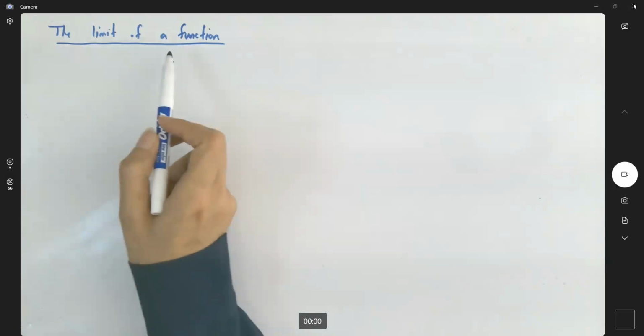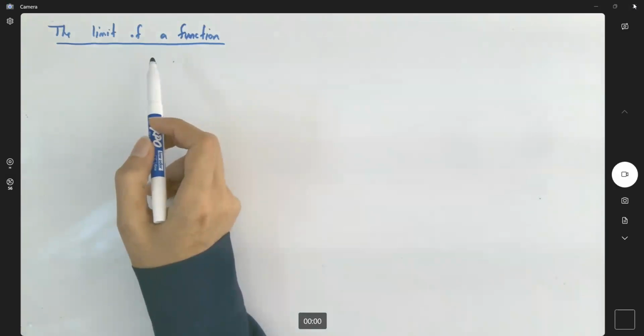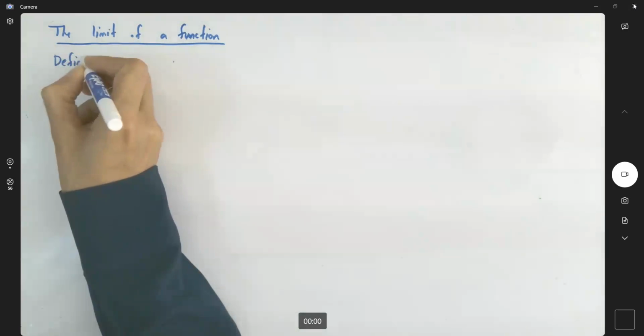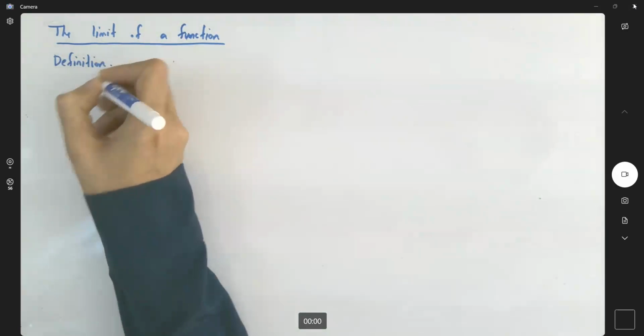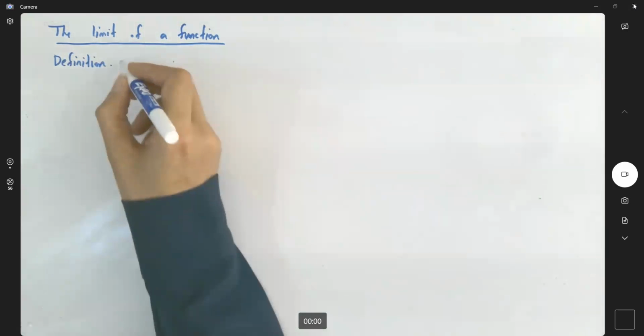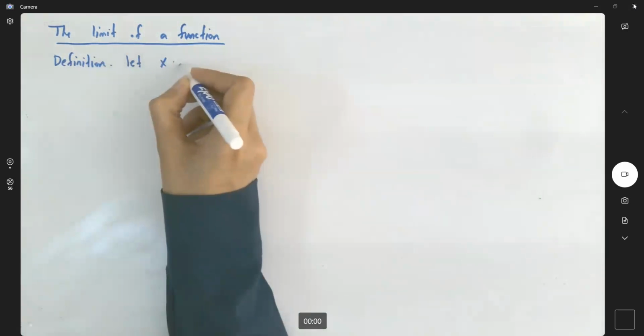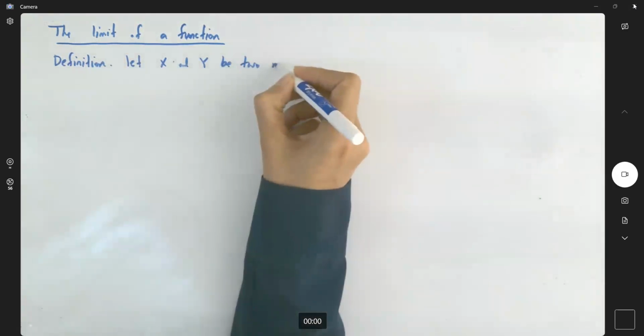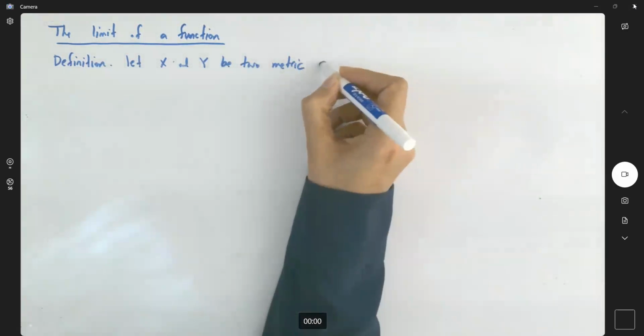Let's talk about the limit of a function in analysis. Let's begin with a definition. Suppose you have two metric spaces. Let X and Y be two metric spaces.